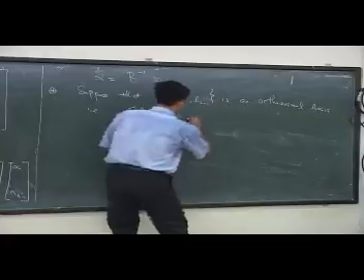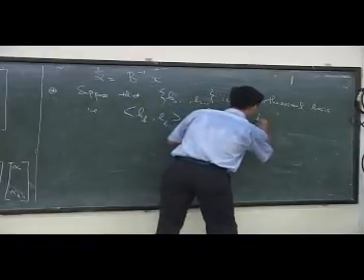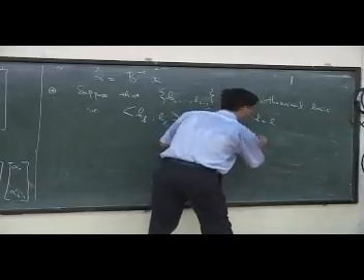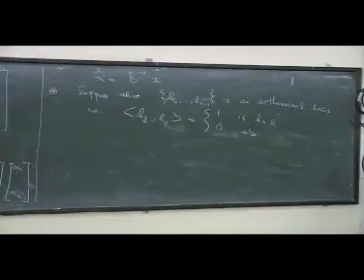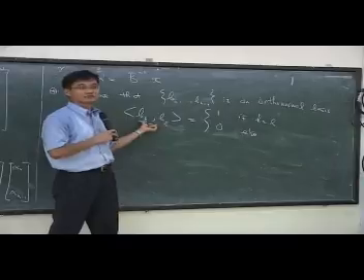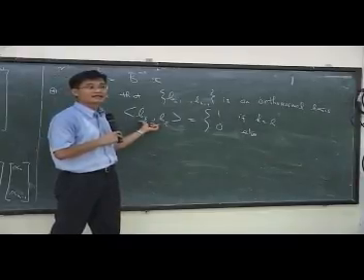The inner product is equal to 1 if k equals l, and as we said, 0 else. So the vectors are mutually orthogonal to each other, and when k equals l, I normalize them to have unit norm. Okay? So that's a very nice basis.